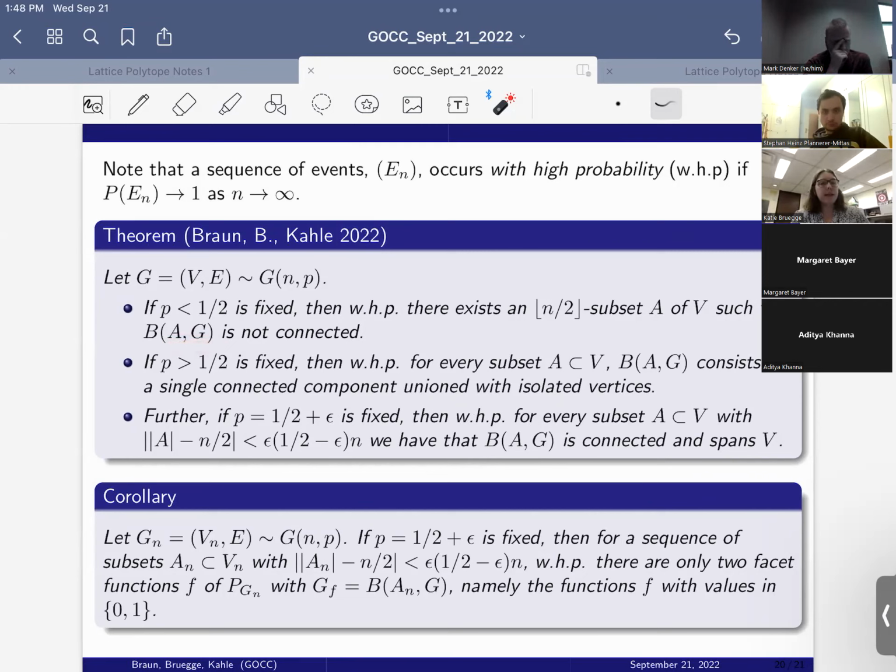The important part here is that if our edge probability is greater than 1/2, then every sufficiently even bipartition of the vertices gives us a connected spanning B(A, G), i.e., B(A, G) is a facet subgraph.